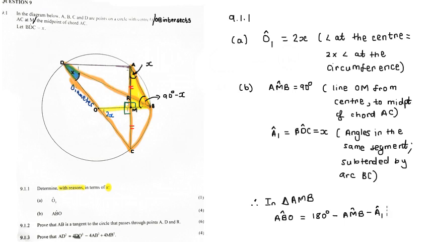This is obviously the sum of angles of a triangle. So then angle ABO is going to equal 180 degrees minus 90 degrees minus x, which is going to equal 90 degrees minus x.